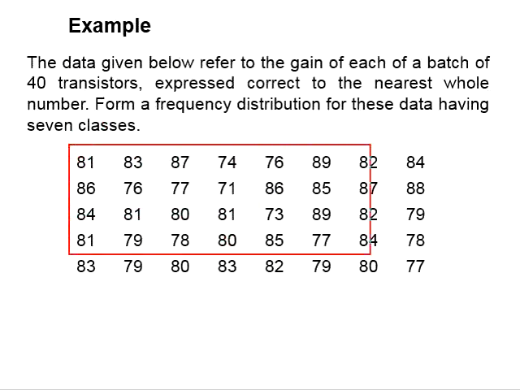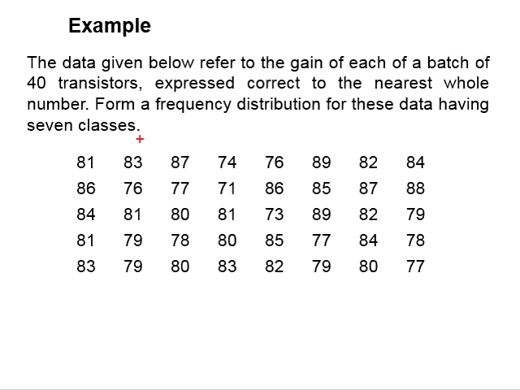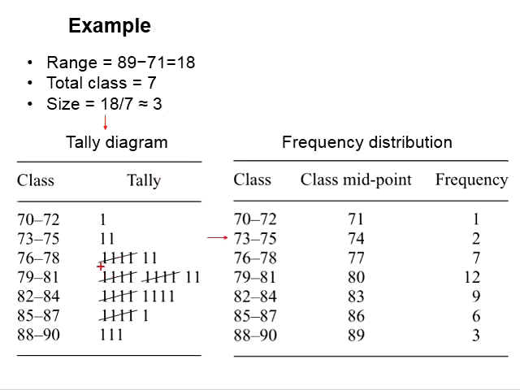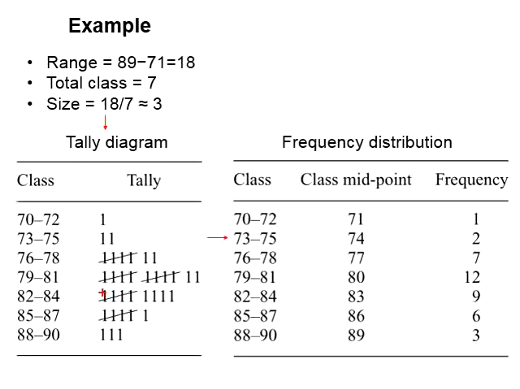Look into the data here. Group them into the respective classes by using the tally diagram. Let's say now the first value is 81. You will draw a vertical line here. The second number is 83, which falls in this class.